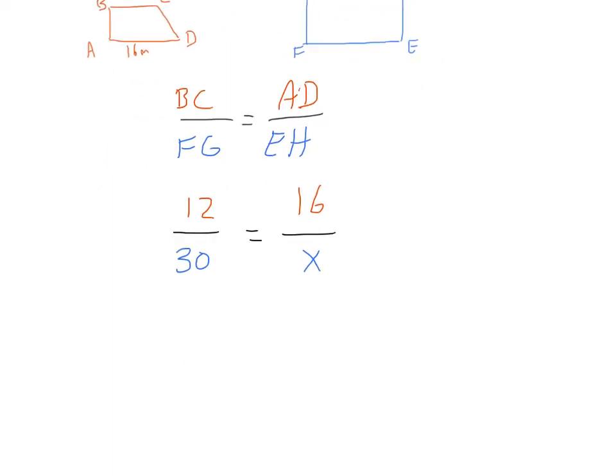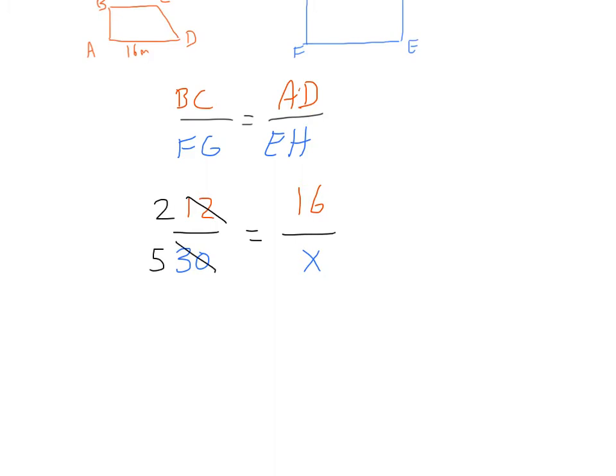Well, let's think. I'm going to cross multiply, actually, but I'm going to simplify one of the fractions first. 12/30ths, I could simplify that. If I divide both of those by 3, well, no, that's not going to be quite enough. Let's do 6. That would be 2. 30 divided by 6 is 5.